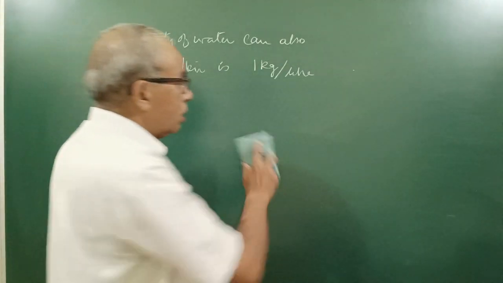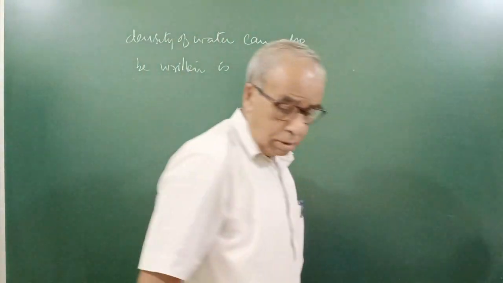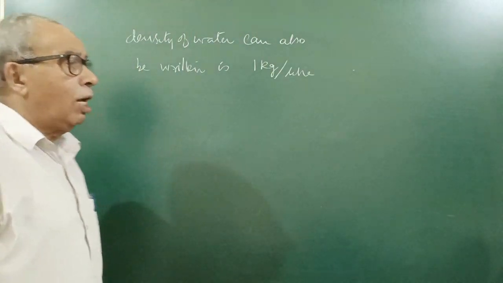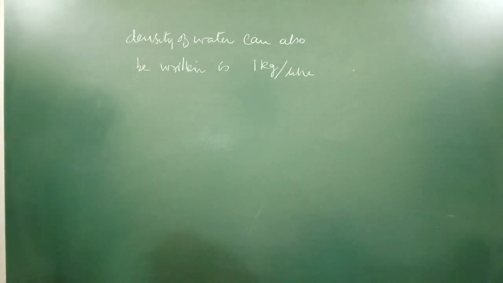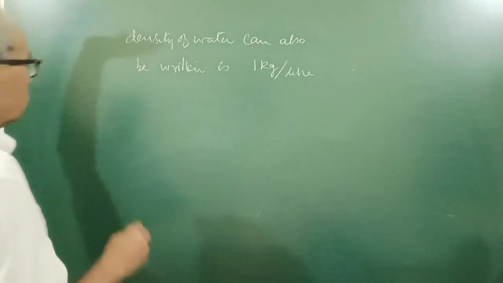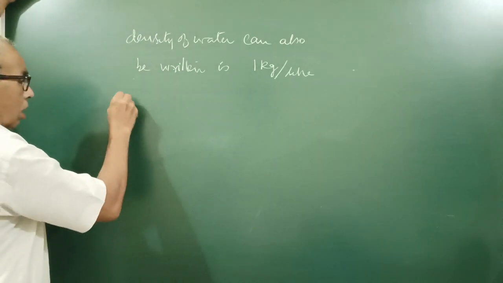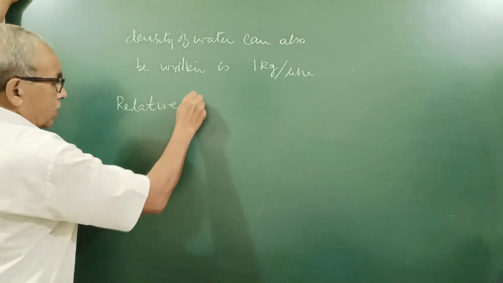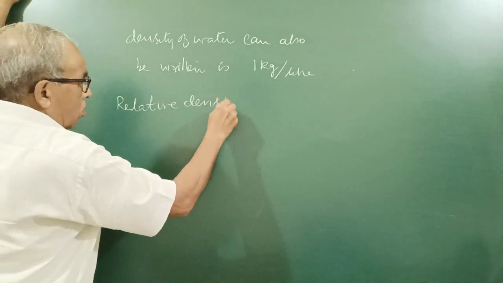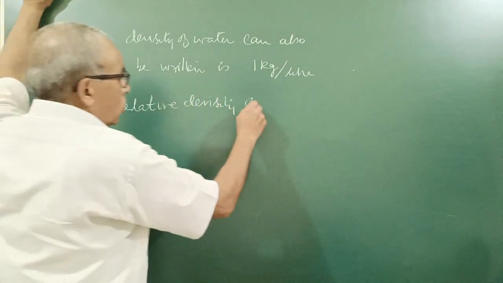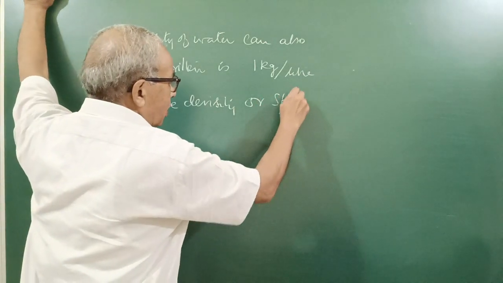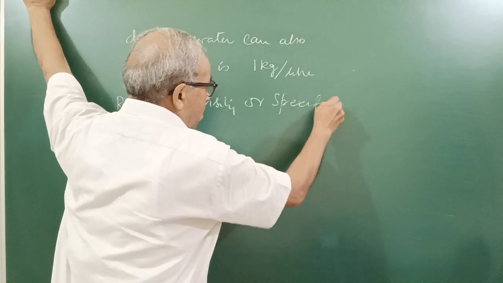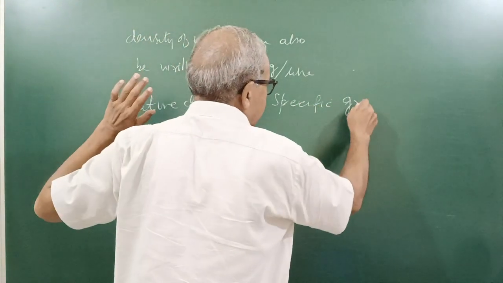You might have learned in chemistry 22.4 liter. What is it? Molar volume of gas at STP. Now there is one more term, relative density, or specific gravity.